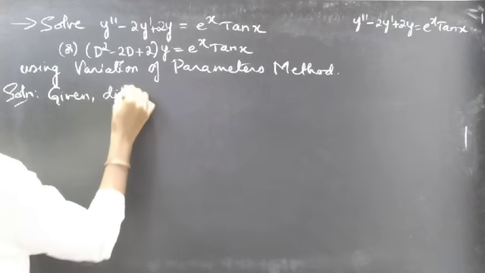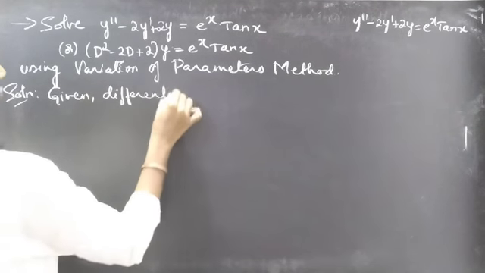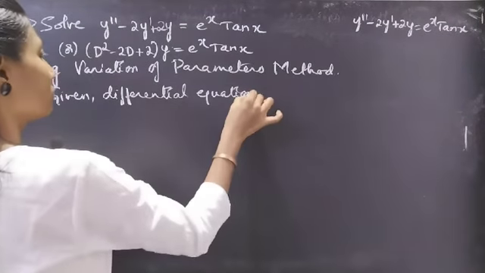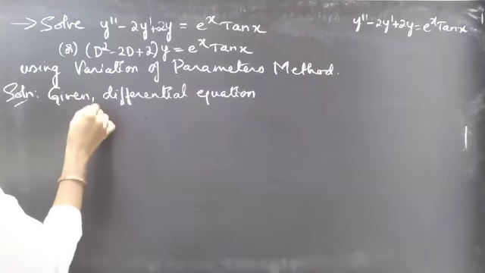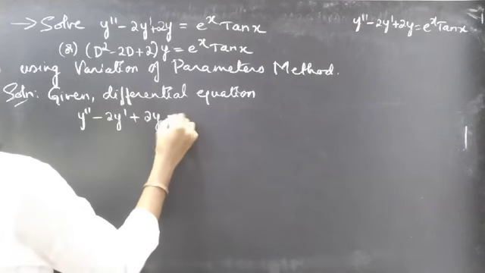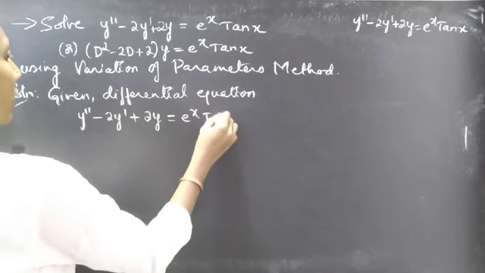Given differential equation: y double dash minus 2y dash plus 2y equal to e power x tan x.